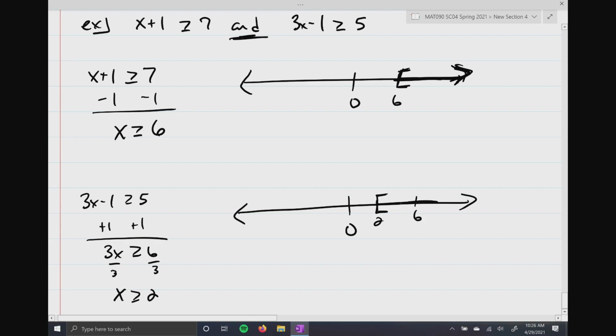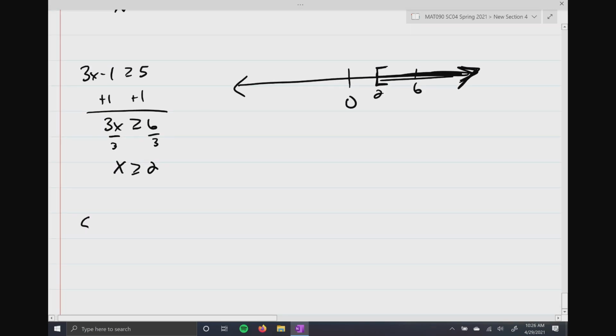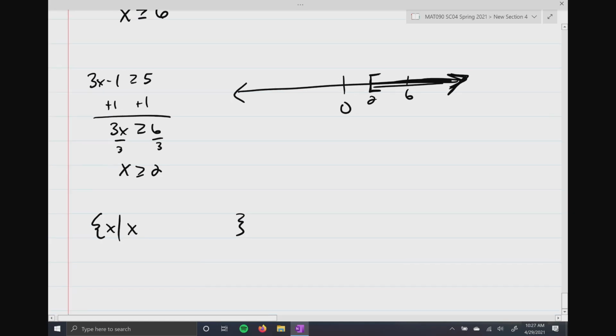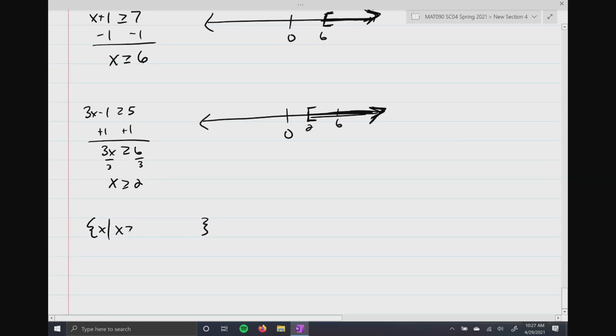All right. So from here, hopefully you could see that there will be an overlap, okay? And remember, I need the overlap that satisfies both inequalities. Let me zoom out here so we can see everything. That'll occur when x is greater than or equal to 6 and x is greater than or equal to 2.